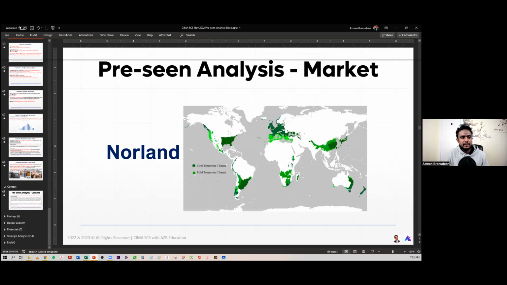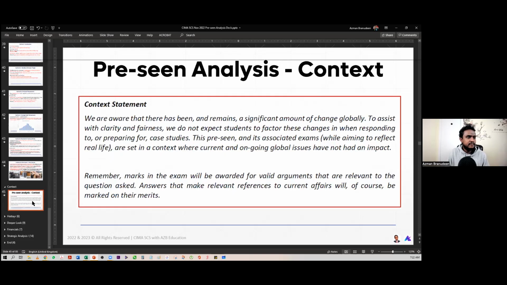We are going to look at the Hottayr company. But before that, let me give you a few seconds to read the context statement, which is actually different from what used to be, right? So this is the first time we are seeing this context statement. Please take a moment to read it.